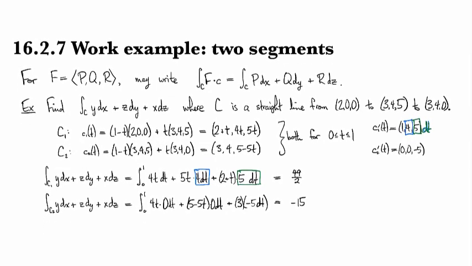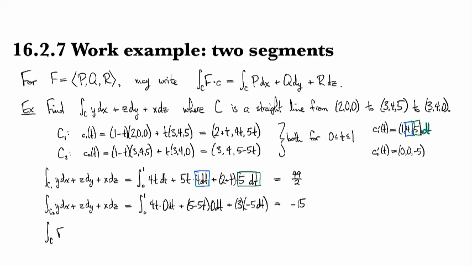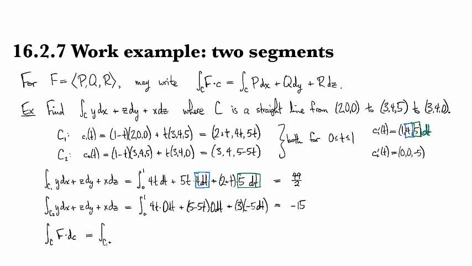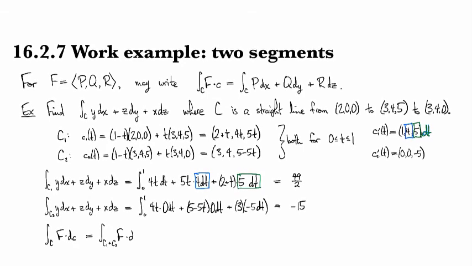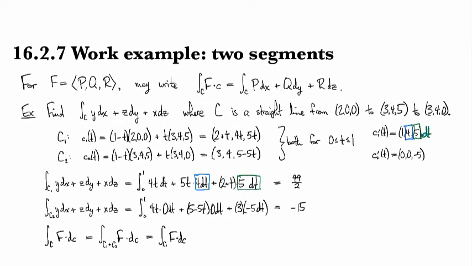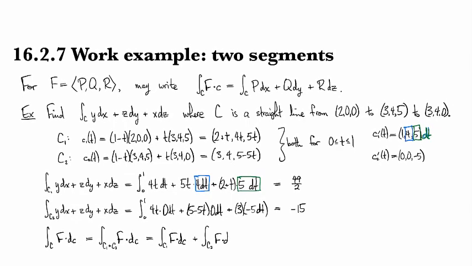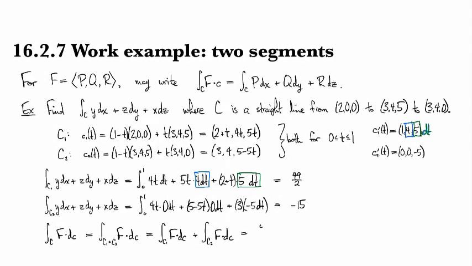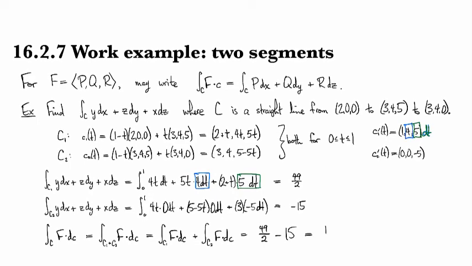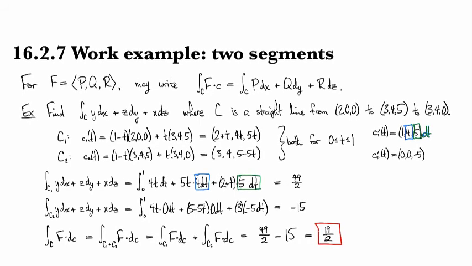So that tells me that the integral over the entire curve of f dot dc is the integral over C1 plus C2, so that's the integral over C1 plus the integral over C2, which is just a long way of writing out that I need to combine these two terms, and I end up with 19 over 2, I think, if I did the arithmetic right. Okay, so there we go.